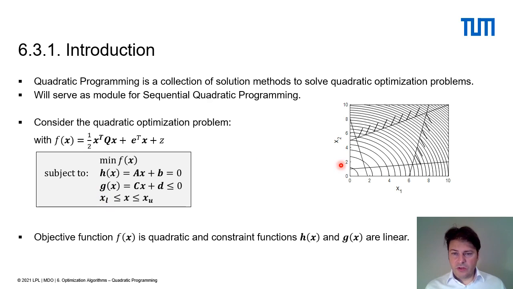And then you could have something like this. So you can see contour lines of your objective function and linear inequality constraints and linear equality constraints, just as an example.